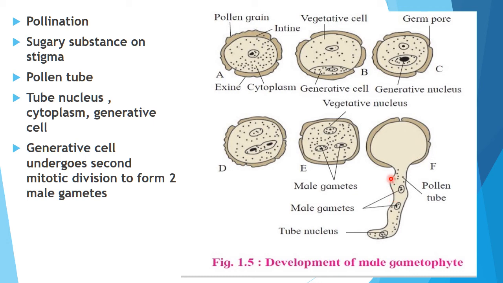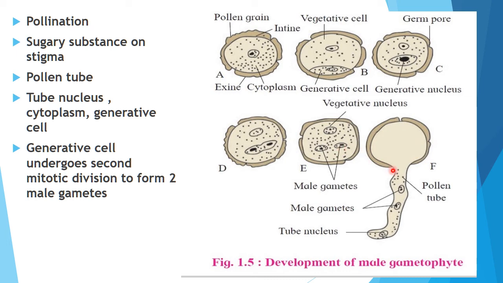Inside it there is a tube nucleus and a generative cell. This generative cell undergoes the second mitotic division inside the pollen tube. In some plants, it can take place before pollination in the microspore itself. So the generative cell divides mitotically into two male gametes.